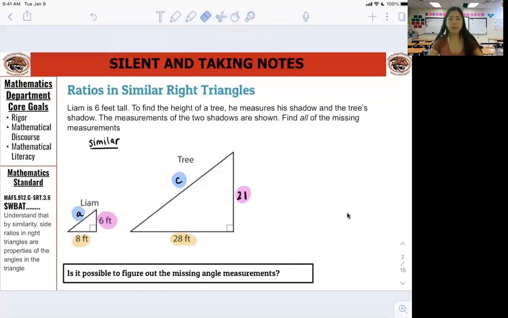Is there a different way though? I have right triangles. So is there a different way to figure out the length of the hypotenuse? What type of triangles do I have?